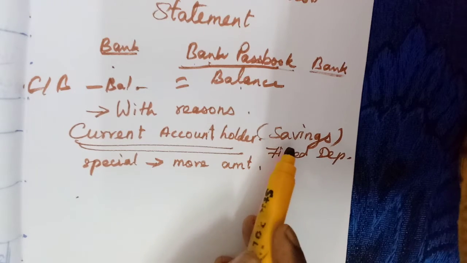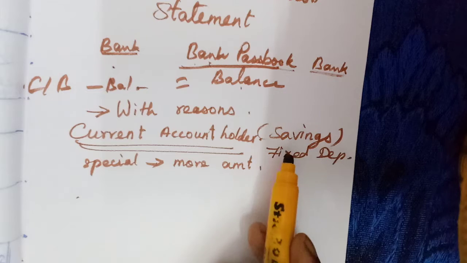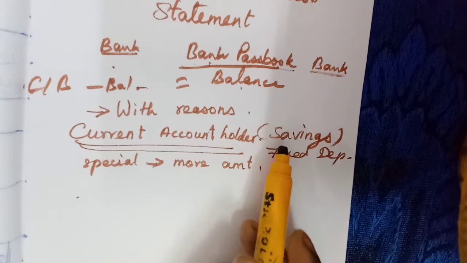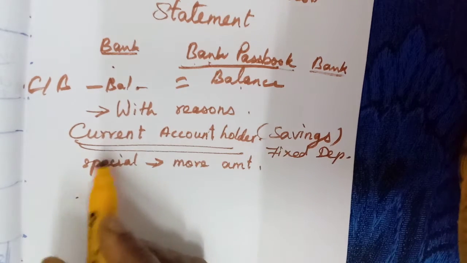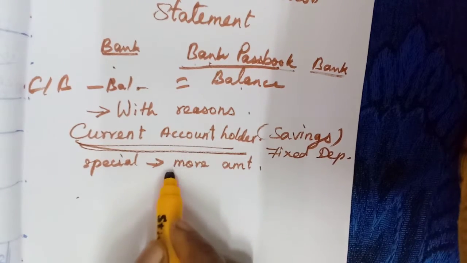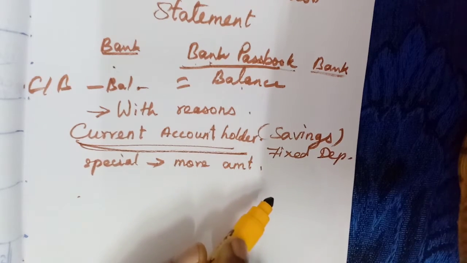But the savings bank account is also the same thing, isn't it? They may not even allow us to withdraw the full amount; 500 or 1000 will be the margin amount. Leaving that amount, we are allowed to withdraw the rest. But only the current account holders are allowed to withdraw more than what is available in their account.